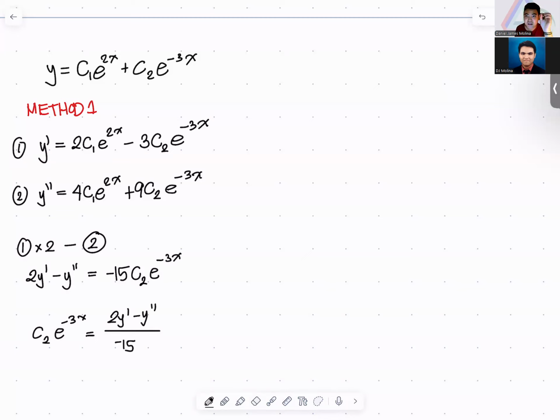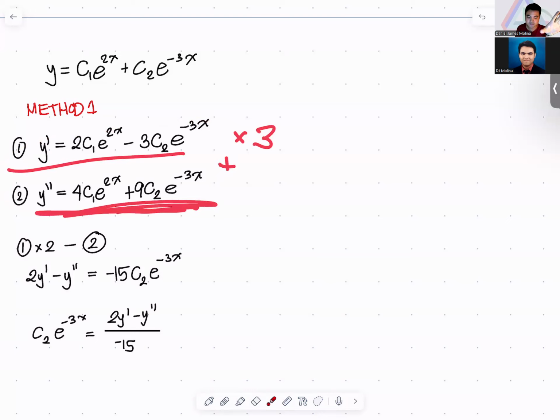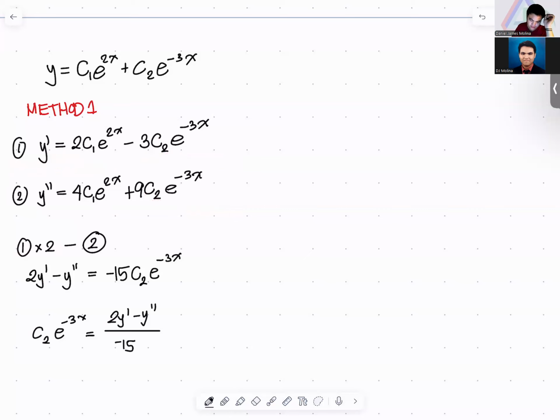Next, how do we eliminate c sub 2 and solve for c sub 1? Again, by noticing, when you multiply the first equation by 3 and you add the second equation, c sub 2 will be eliminated. This is negative 9 plus 9. So let's do that. First equation times 3 plus the second equation.